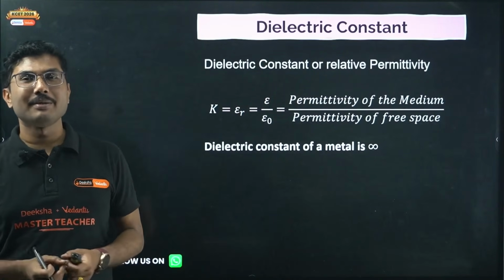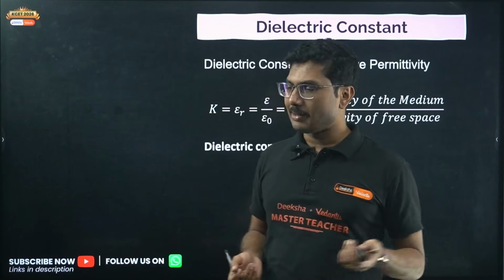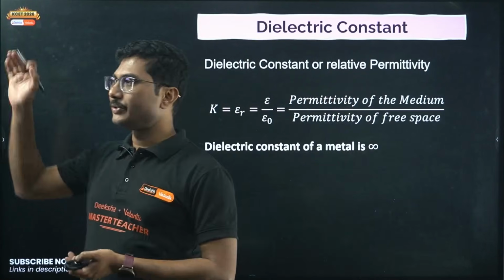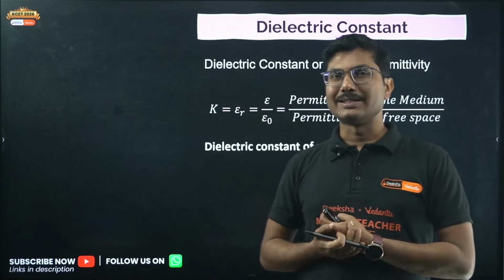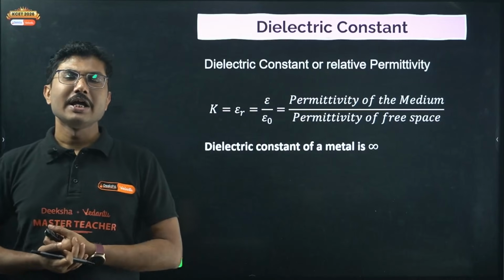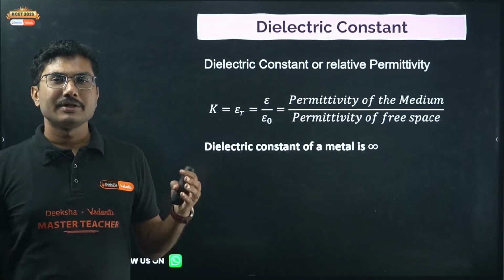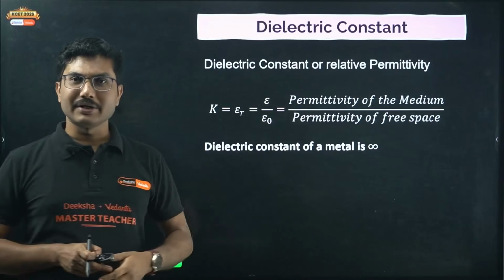Dielectric medium means, suppose water, you can take water as a dielectric medium, or resin, which is used to polish the wooden surface, so that liquid can be considered a dielectric medium. If you put the charges inside that dielectric medium, the force will reduce, and that is because of this dielectric constant.